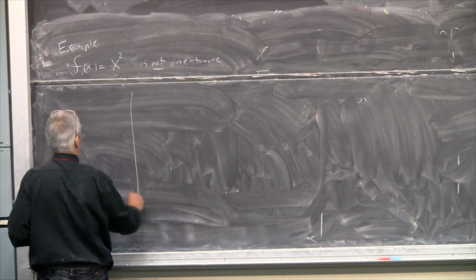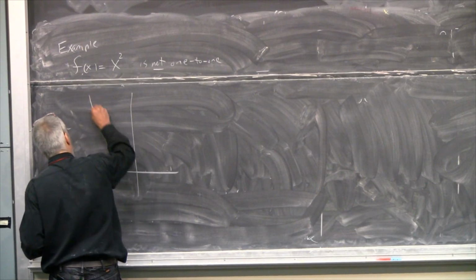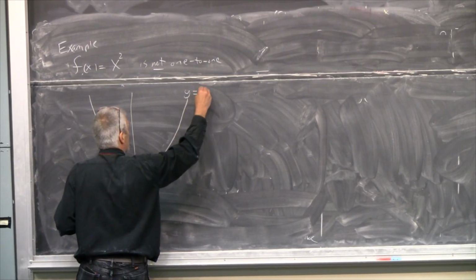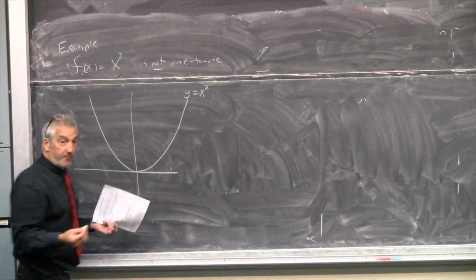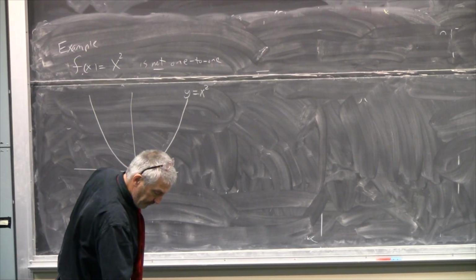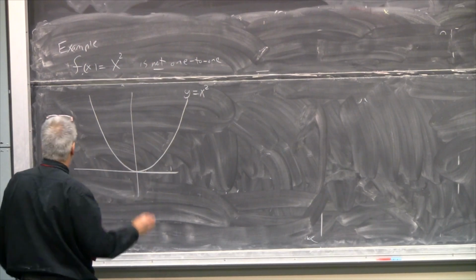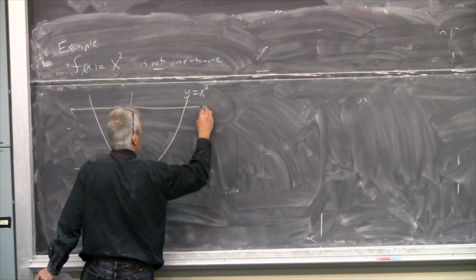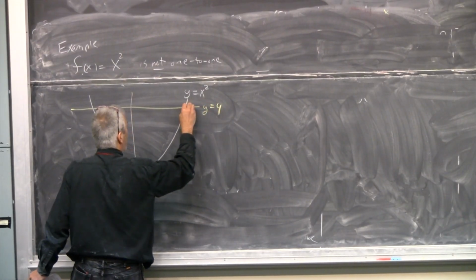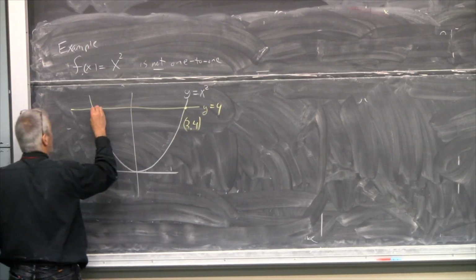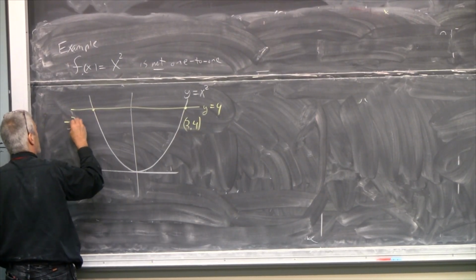So let's look at the graph of y equals x squared. It passes the vertical line test because it is the graph of a function. But look at this horizontal line, y equals 4. It touches the graph here at (2, 4), and it also touches the graph here.